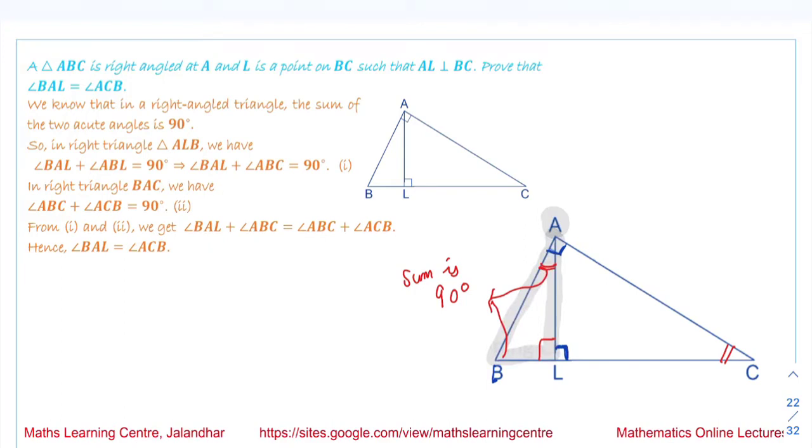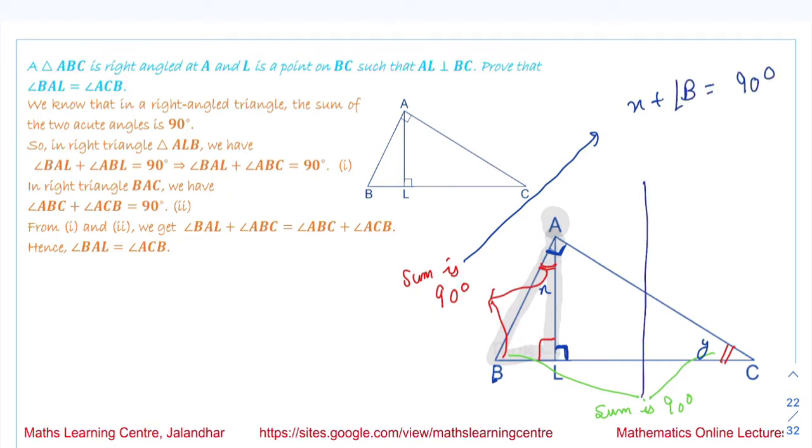Now in the second case we are talking about the angle at A being 90 degrees. So what we get is that the sum of these two angles is 90 degrees. Suppose this angle is X and the value of this angle is Y. From this we get X plus angle B is equal to 90 degrees.